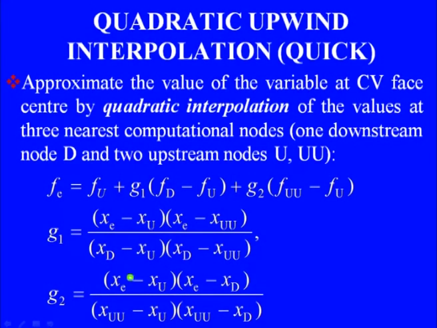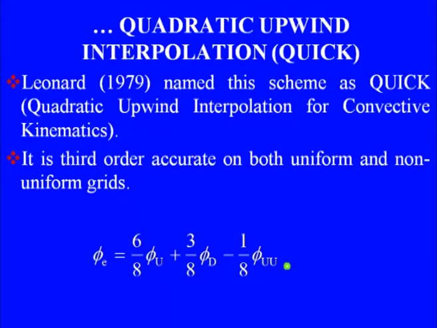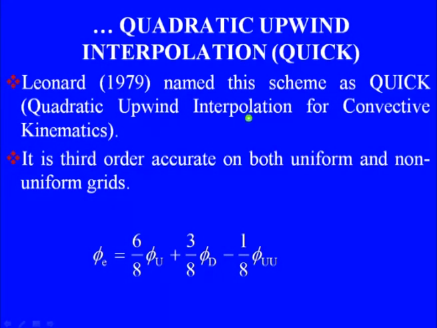So, this is what we had, that if you carry out the algebraic manipulations, you can represent Fe in terms of Fu plus G1 times Fd minus Fu plus G2 times Fu minus Fuu, and for your reference the final form for these coefficients G1 and G2 are given here. Okay. Now, this scheme was derived by Leonard in 1979, and he named this scheme as QUICK. QUICK is basically an acronym which stands for quadratic upwind interpolation for convective kinematics.